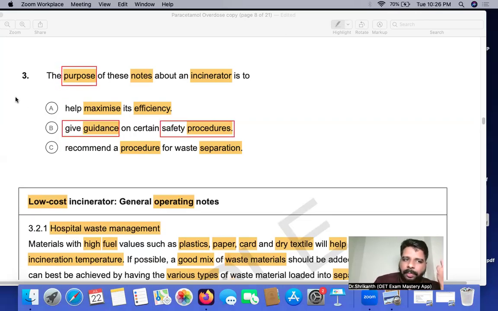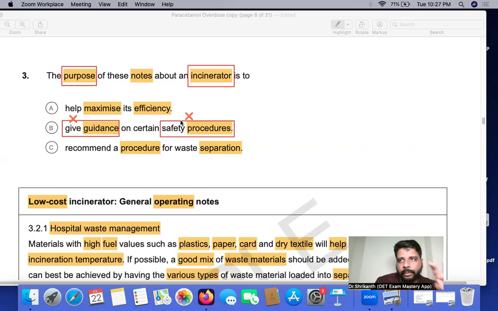Is the guidance really about how to use the incinerator? See, here the main thing is the incinerator, right? So you have to reason. Is the document written to guide the operator on how to carefully and safely operate the incinerator? That is not the reason.